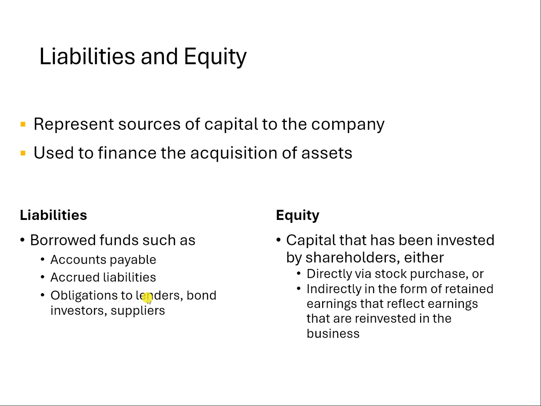We have obligations to lenders and suppliers. All these will be reported as liabilities. And equity is capital that has been invested by shareholders. As from lecture 1, we see equity as two parts, the investment, or the retained earnings, okay.